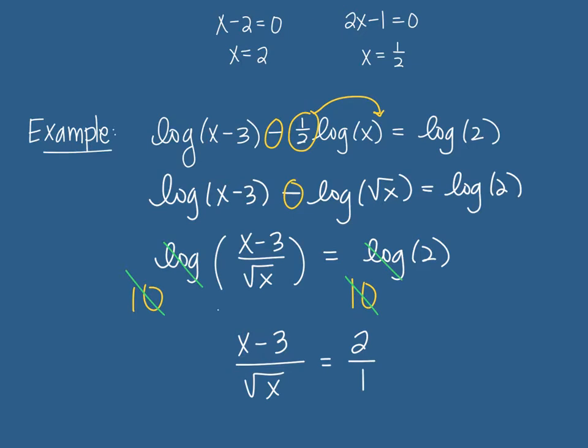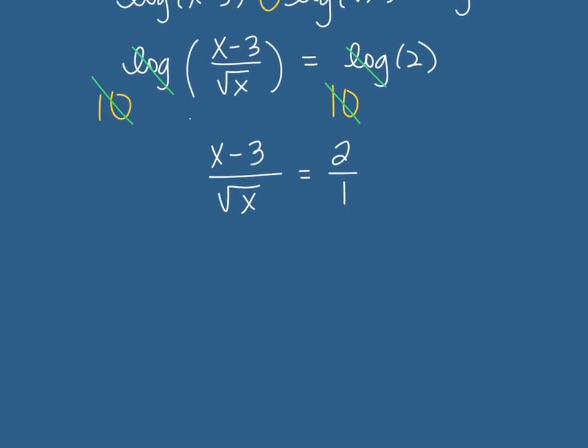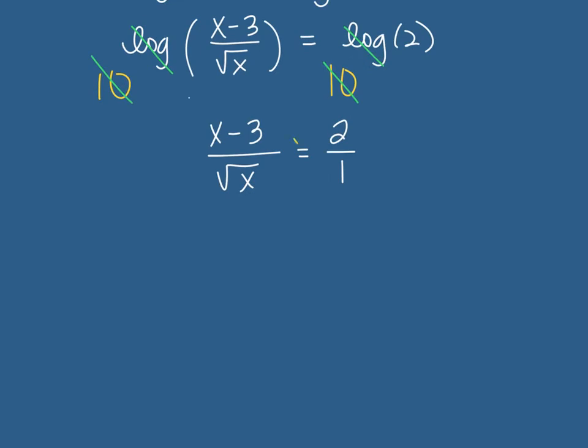Always better when it's written over a single fraction, so that you can cross multiply. So I'll have x minus 3 equals 2 rad x. I need to get rid of my radical before I can get rid of anything else. And so I need to square both sides.